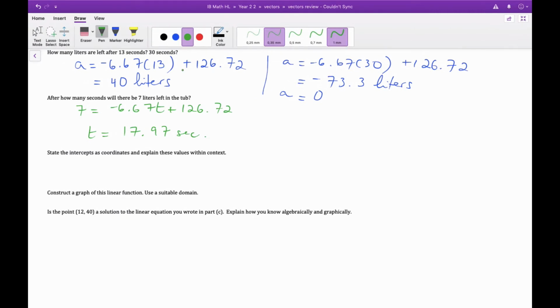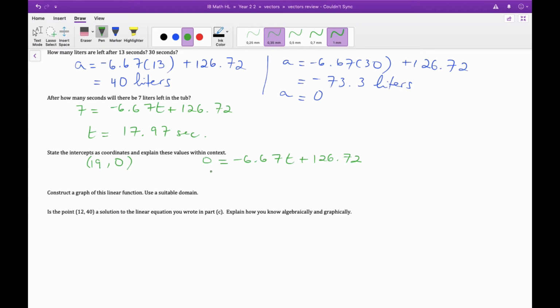The A value is our dependent variable. And the t is going to be about 19 seconds. So algebraically, it would be 0 equals negative 6.67t plus 126.72. And when you solve it, t ends up being 19.